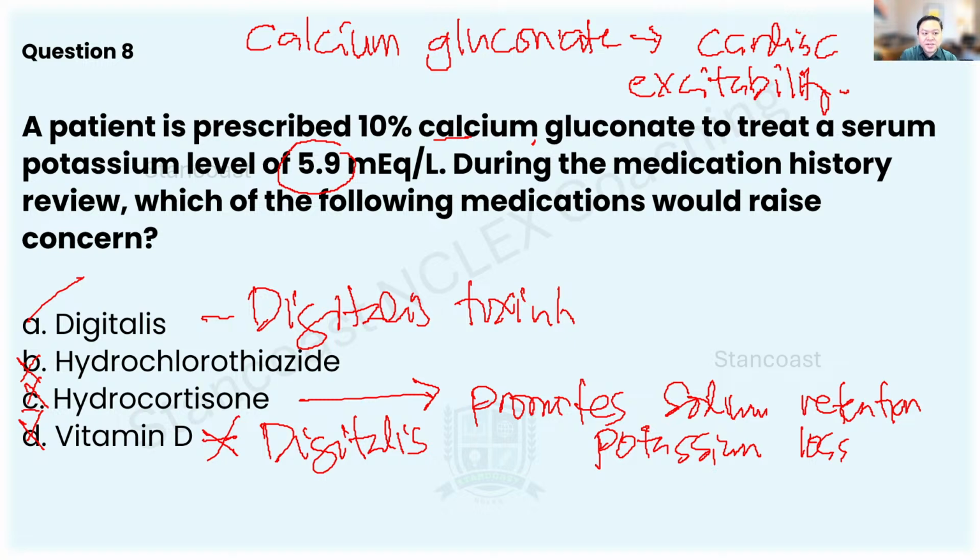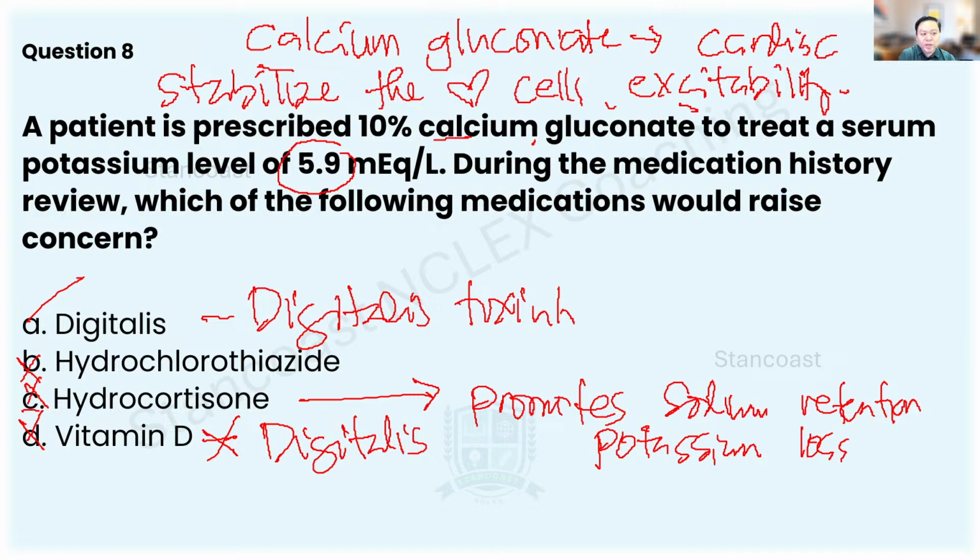And this is the reason why the calcium gluconate is ordered. This is to stabilize the heart cells. That is the primary reason why the calcium gluconate is ordered, to stabilize the cardiac cells because of the excitability, because of the hyperkalemia.